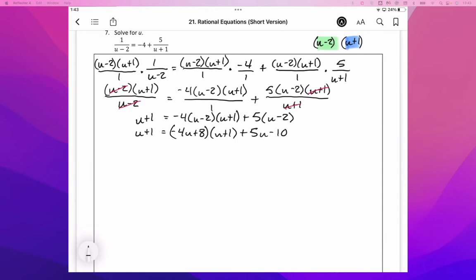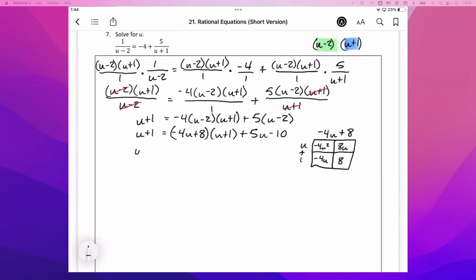Remember, we need to do FOIL, or first, outside, inside, last. The other way to do it is to do this. I kind of prefer this method. I call it the box method. Multiply these two things by these two things. So u plus 1. So we got negative 4u squared, 8u, negative 4u, and 8.